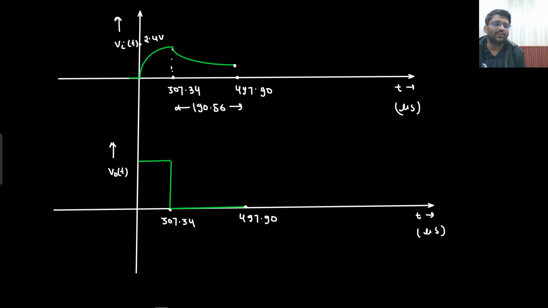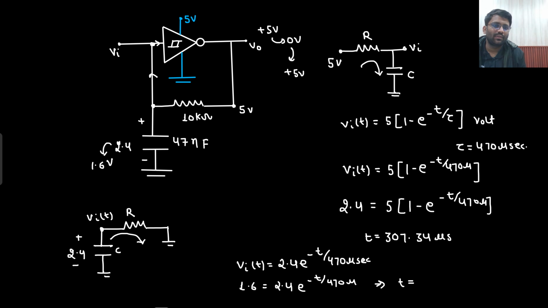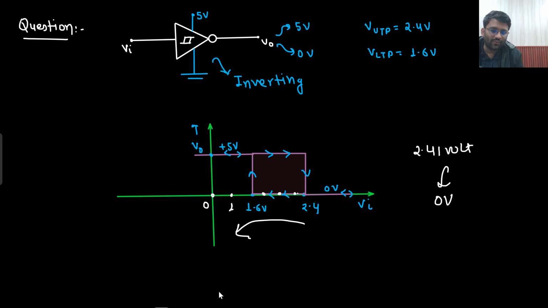From 1.6 it will try to increase. So where would the transition take place? At 1.7 output will be plus 5, 1.8 plus 5, 1.9 plus 5, 2.3 plus 5. At 2.4 the output will change. That means when the input value becomes 2.4 volt, then it would change.